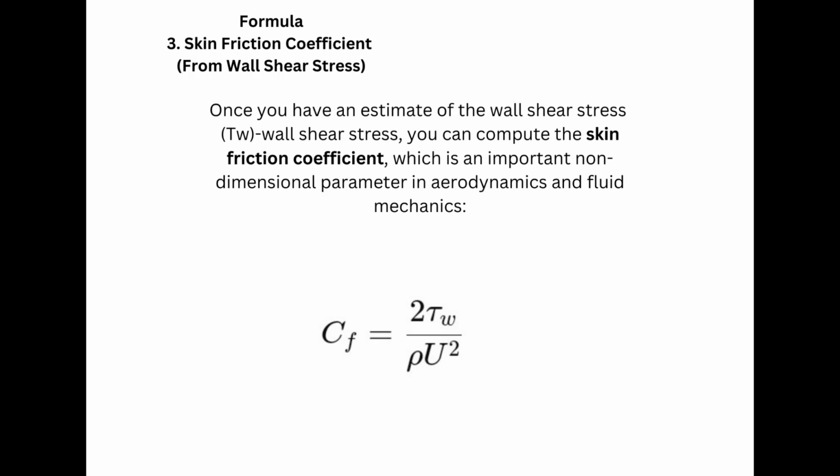The third one is skin friction coefficient from wall shear stress. Once you have an estimate of the wall shear stress, tau, you can compute the skin friction coefficient, which is an important non-dimensional parameter in aerodynamics and fluid mechanics.